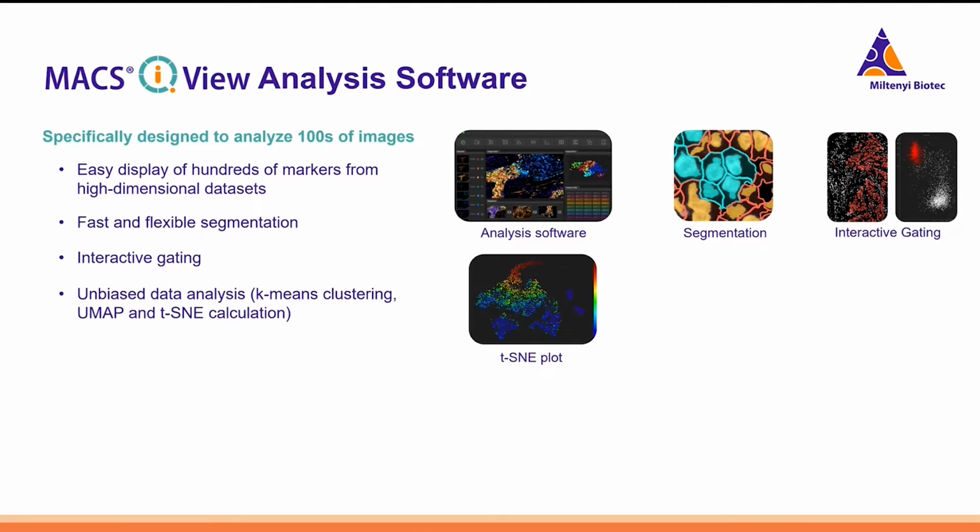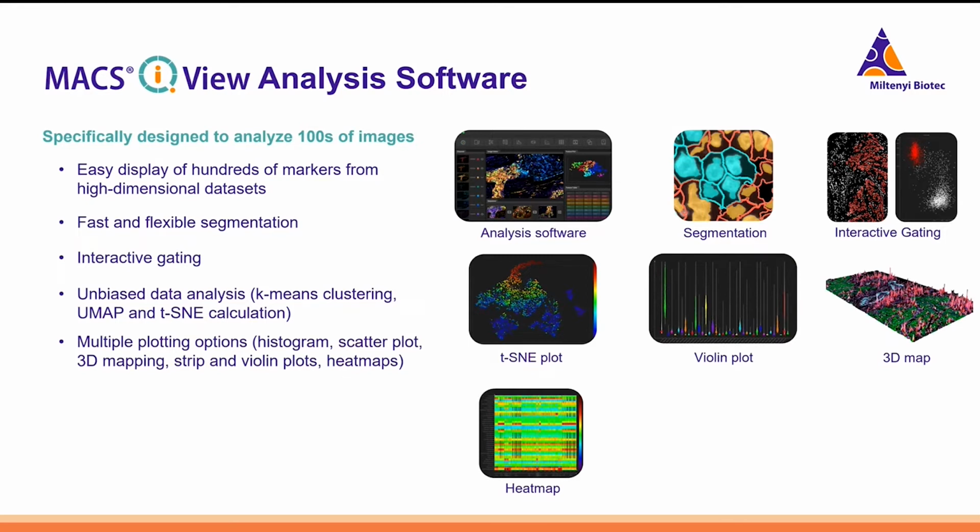We also offer unbiased data analysis with k-means clustering, UMAP, and t-SNE. If you are familiar with high content kinds of analysis, for example genomics, you know that this is mainly used when you have so much information for one sample.